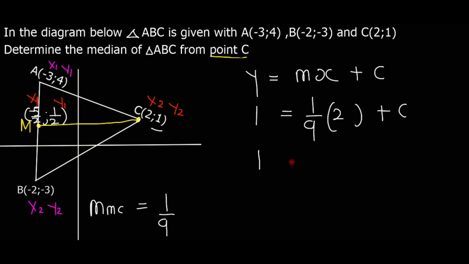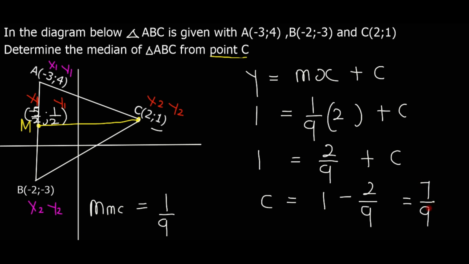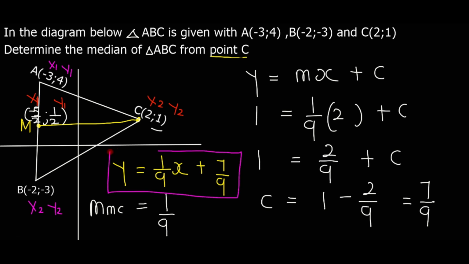So this is the same as 1 is equals to 2 over 9 plus c. Therefore c is equals to 1 minus 2 over 9, and 1 minus 2 over 9 is the same as 7 over 9. So my equation will be y is equals to 1 over 9x plus 7 over 9. So this is the equation. And so that's it for this tutorial.